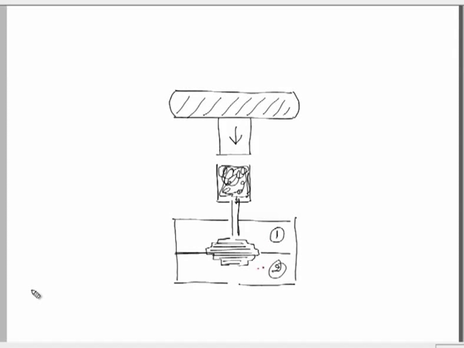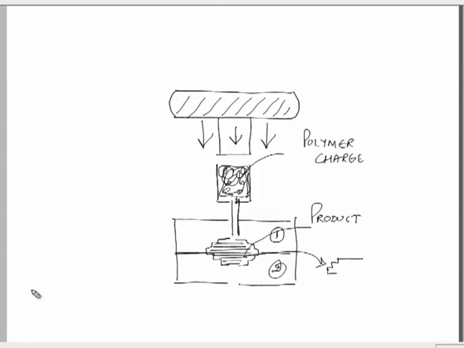This is the pressure applying mechanism, this is the polymer charge, and this is the product that we want to generate, and this product would be coming out once the process is completed. So, this is the final product that we will get.